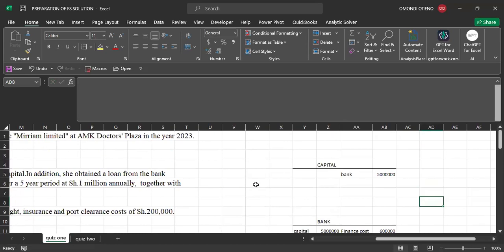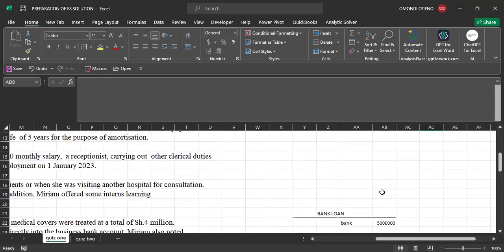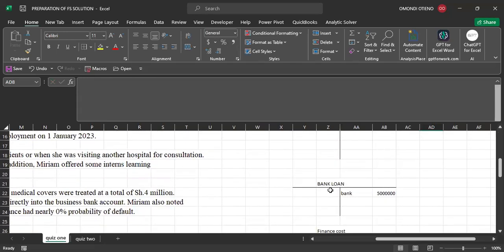Good. Now, we are also told that they are supposed to pay the principal amount of 1 million at the end of each year. So it means our loan will reduce by 1 million. Where will this 1 million go to? We know very well it will affect bank loan, reduce it, which means we need to debit. So when you debit bank loan, you are reducing that liability, right? So when I debit the bank loan account, I need to credit another account.